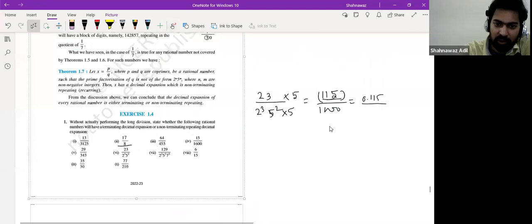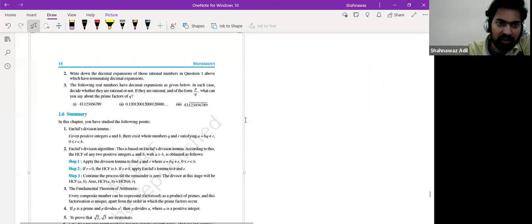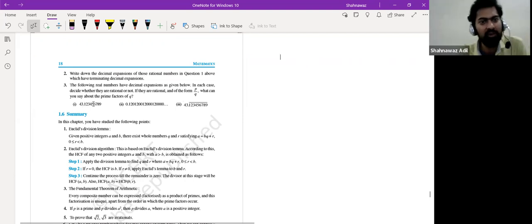Now let us move on to the third question. The following real numbers have decimal expansion as given below. In each case, decide whether they are rational or not. If they are rational and of the form p by q, then what can you say about the prime factors of q? Right. So this is a terminating one. Yes, sir.